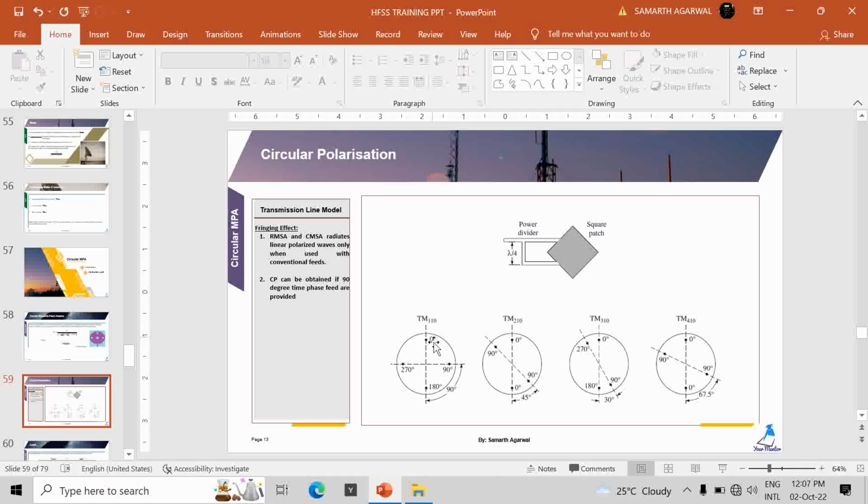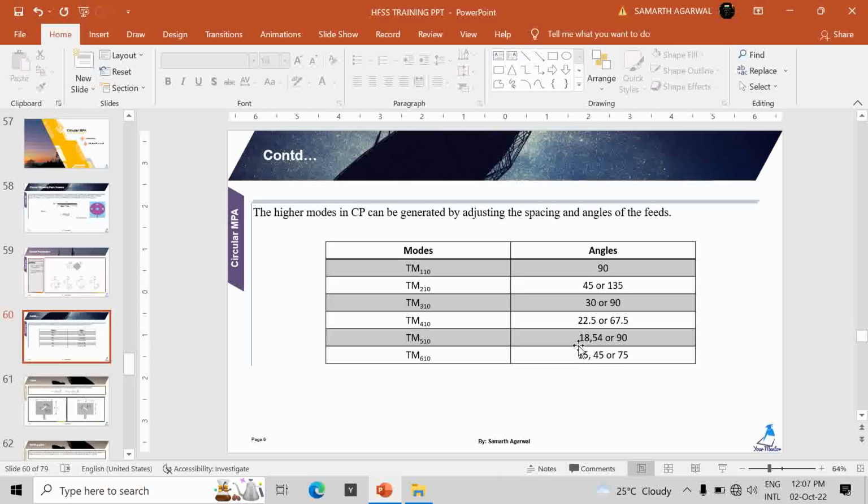Now further, this is nothing but TM110 when we are getting 0 degree, 90-degree, 180-degree. TM210 means 0 degree and again 90-degree, which is having a 45-degree in between. Similarly, TM310, TM410, like that we will get with this separation of the field waves between the two.